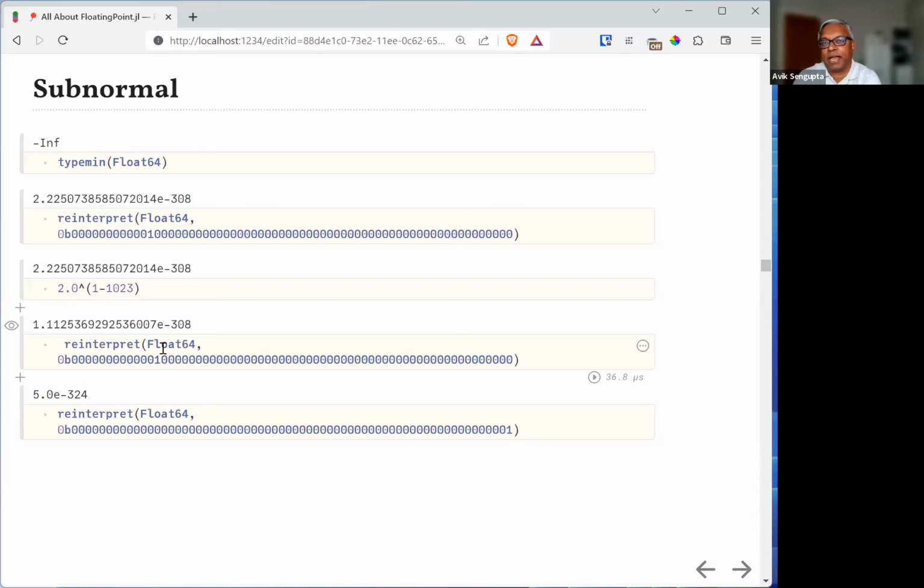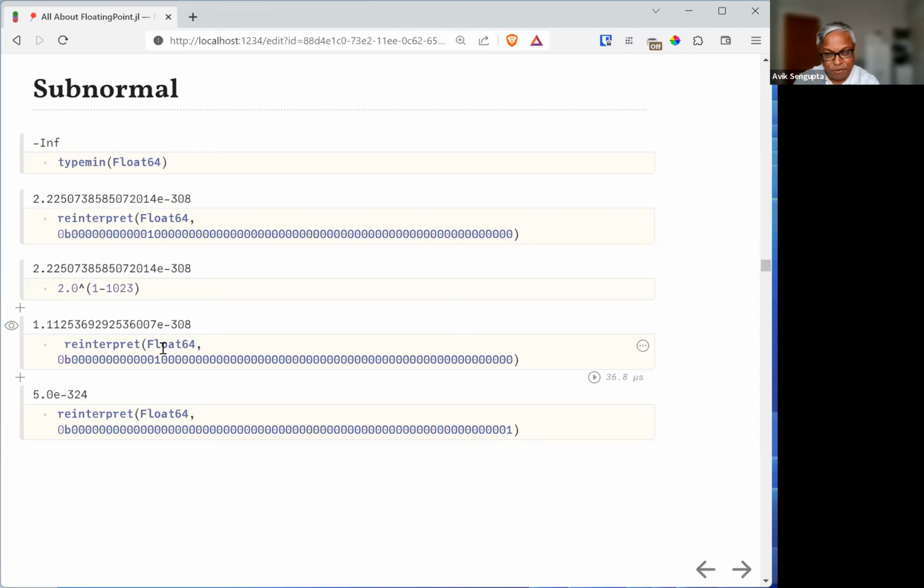You would never write 0.02 times 10 to the power minus 4. You would write 2 times 10 to the power minus 6. So you would never put a leading zero in a significand, which is also true in floating point numbers. If there is a leading zero in the significand, you would basically shift it and then add to the exponent, right? So that's how you represent normal numbers.